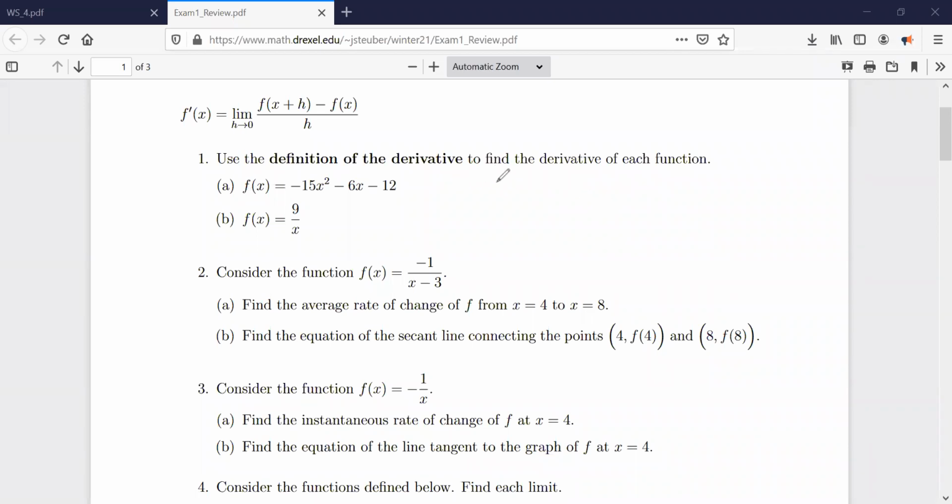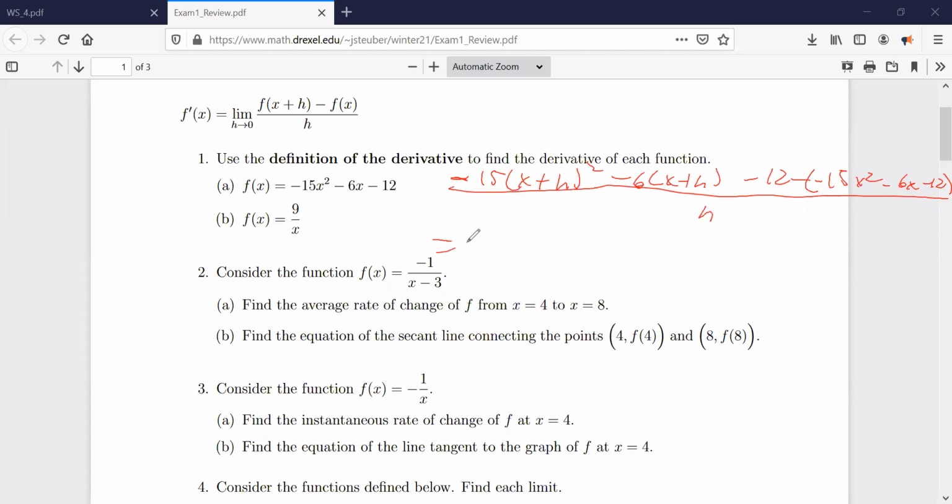So use the definition of the derivative to find the derivative for each of these functions. So a right here is going to be, we have to jump back to the limit definition of the derivative. If I plug in this f of x plus h, this becomes negative 15 times (x plus h) squared minus 6 times (x plus h) minus 12, and then that's minus negative 15x squared minus 6x minus 12, all over h.